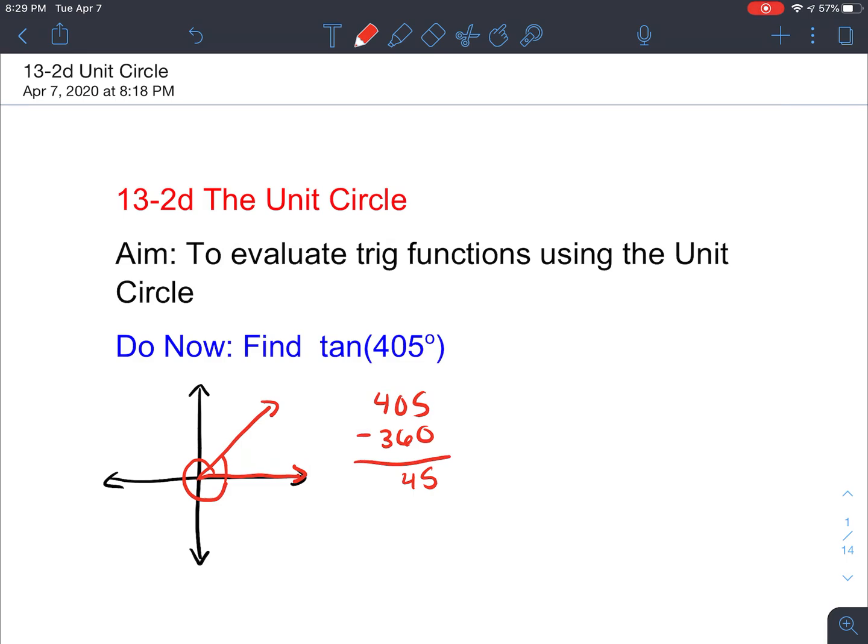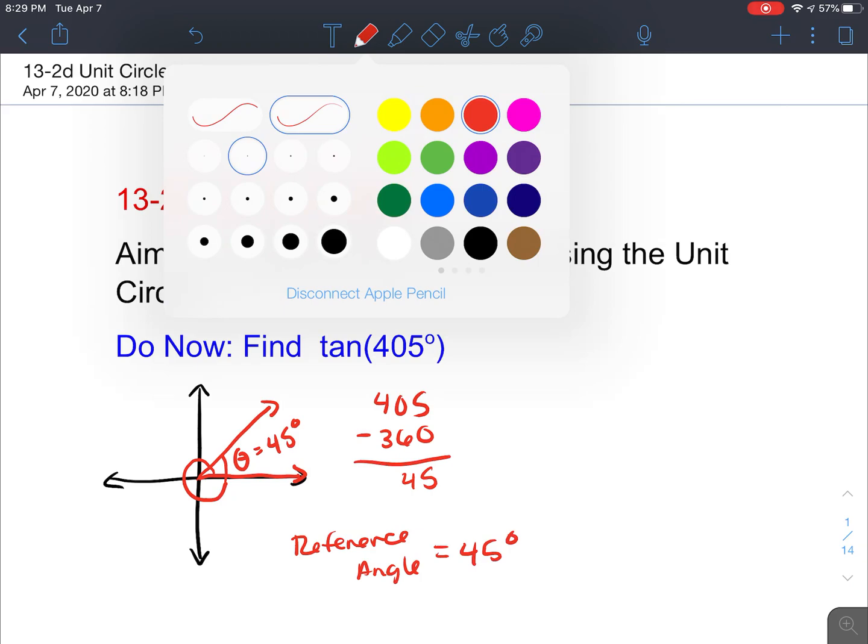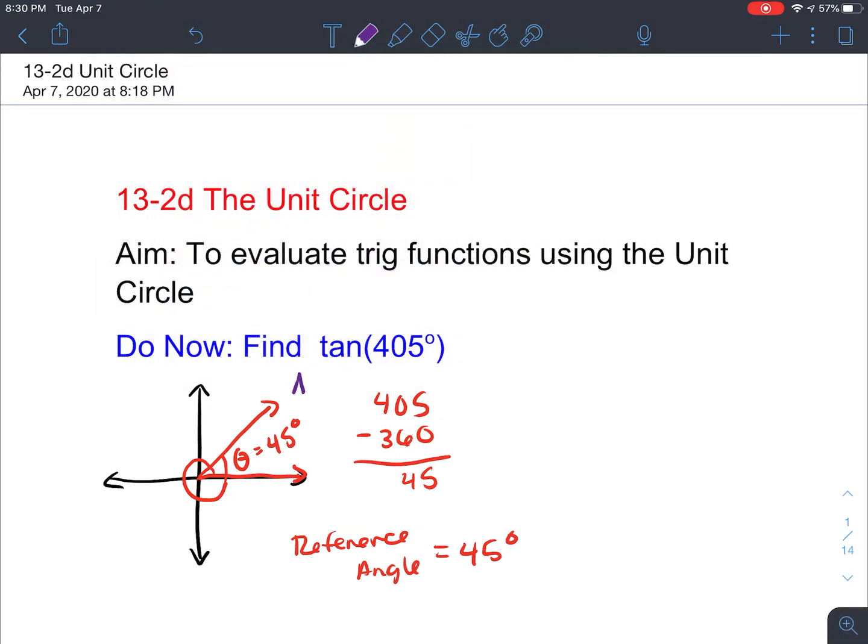Now, we know in quadrant 1, the reference angle for our standard position angle is exactly the one that we see. Okay, so there's no additional calculation. The reference angle will be 45. Okay, so that means tangent of 405 is going to be equivalent to the tangent of 45, and we just have to pay attention to our signs.